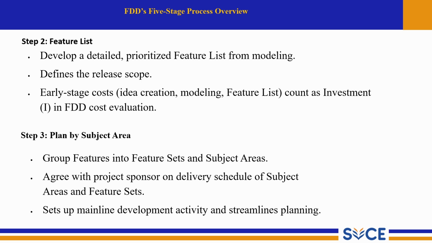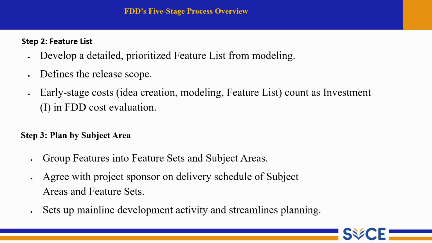And next one is agree with project sponsor on delivery schedule of subject area and feature sets. In other words, the team collaborates with stakeholders to decide when each group of features will be delivered, ensuring alignment with business needs.